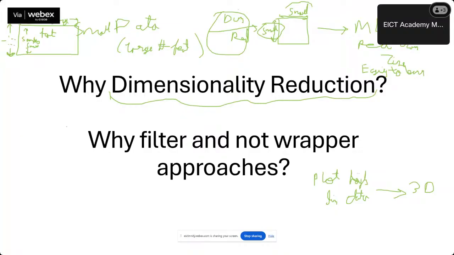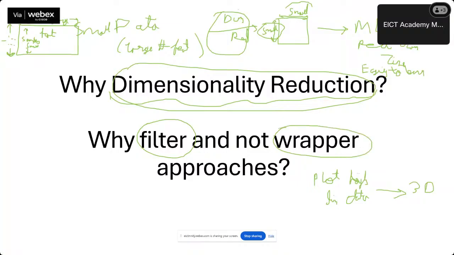Now, the debate that may also have been covered, I'll take this one as well. Suppose I want to do dimensionality reduction, what method would I really use? Would I use something like PCA, which is a filter method, or would I use something which is called a wrapper method?